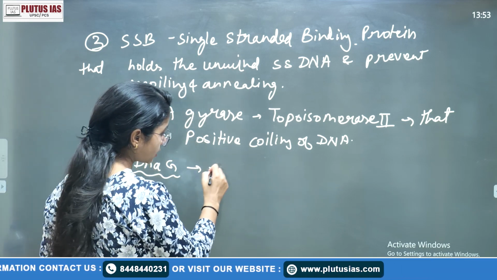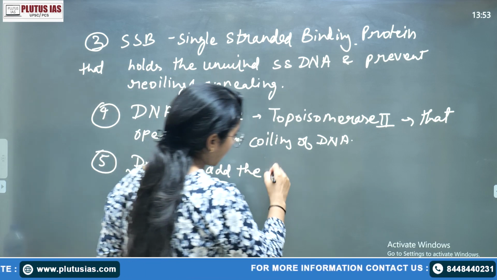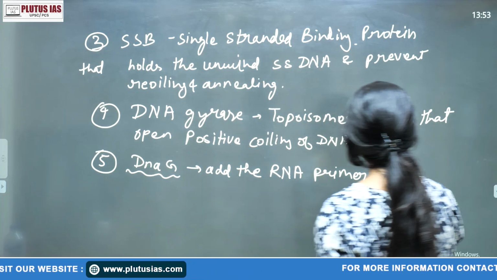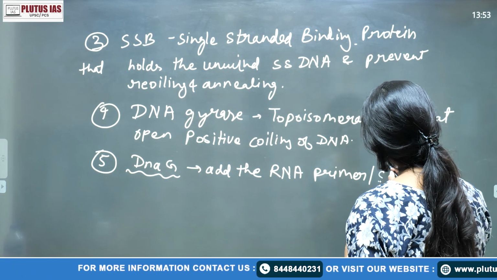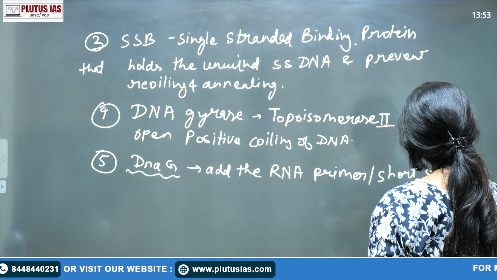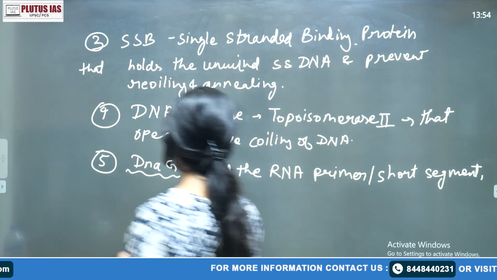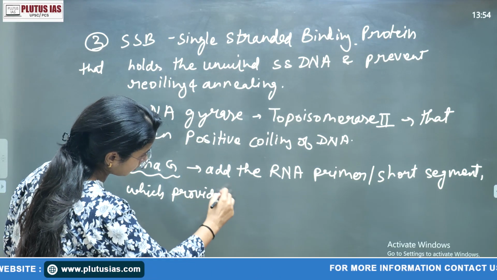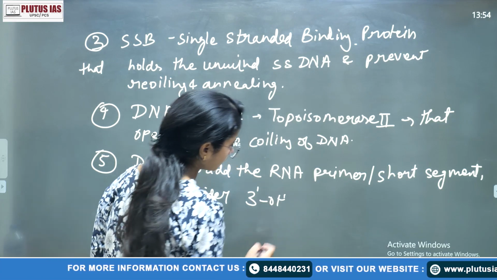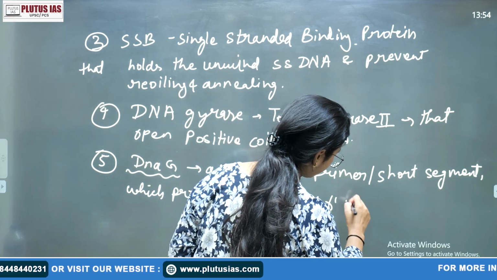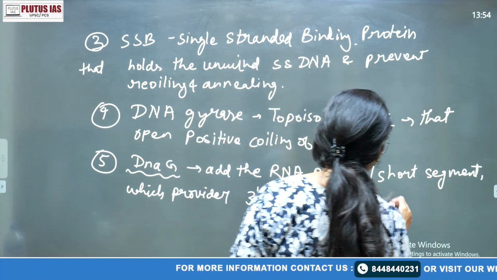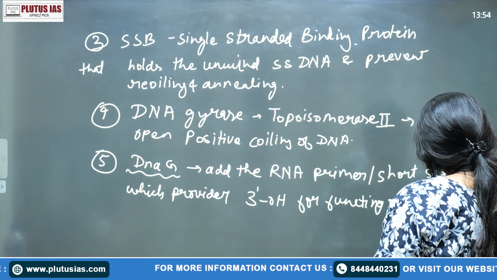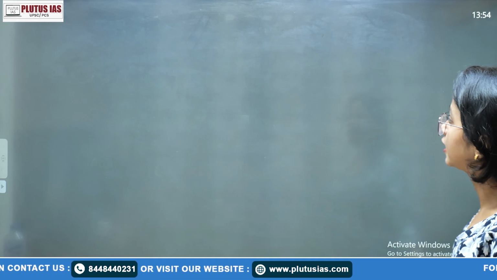DNA G adds the RNA primer, a short DNA segment, which provides 3 OH for the functioning of DNA polymerase third. Okay, DNA polymerase third. Then again what happens?